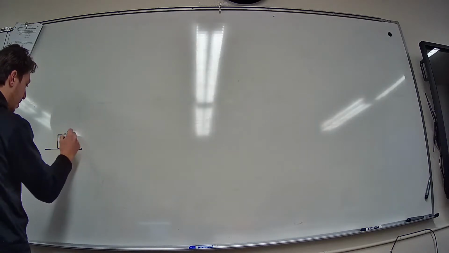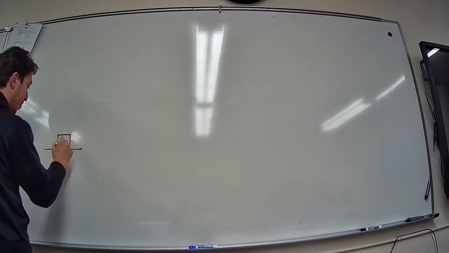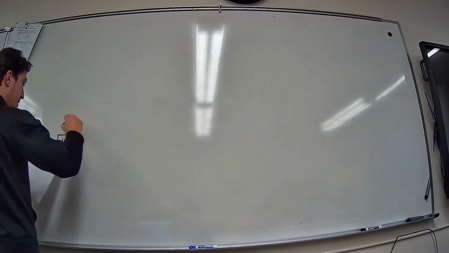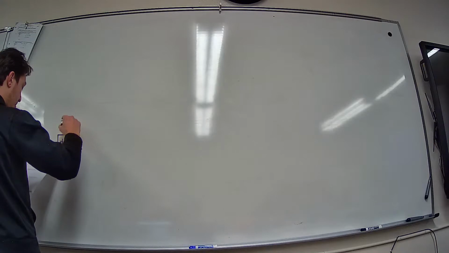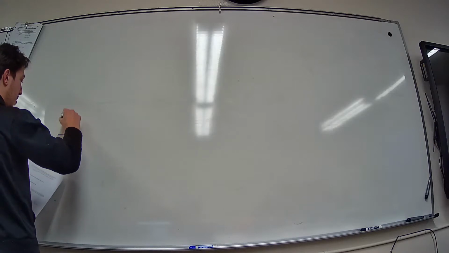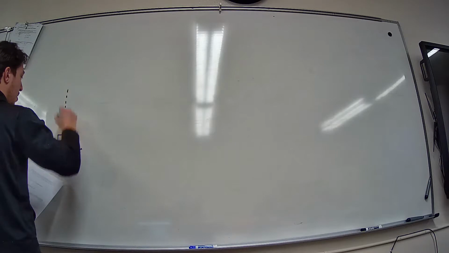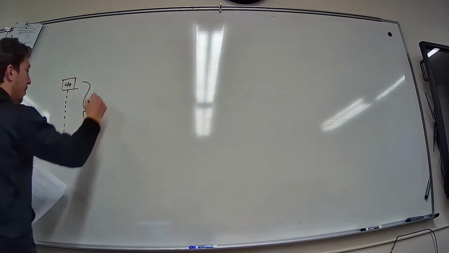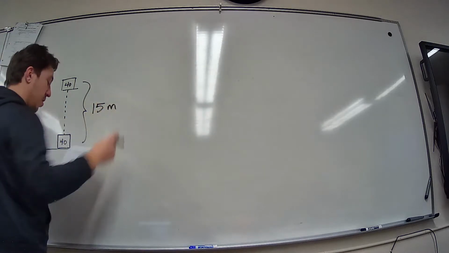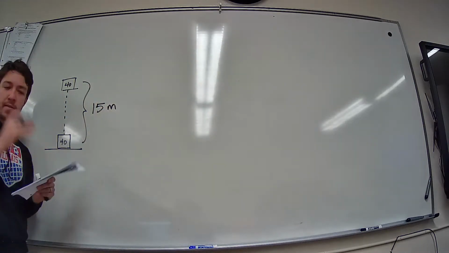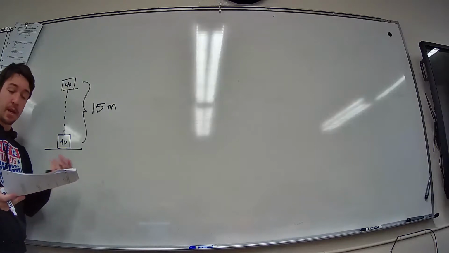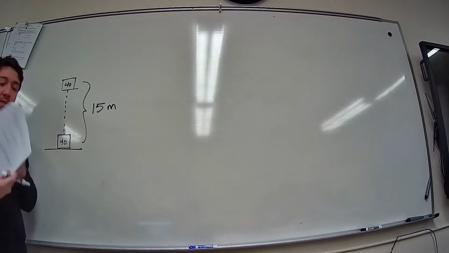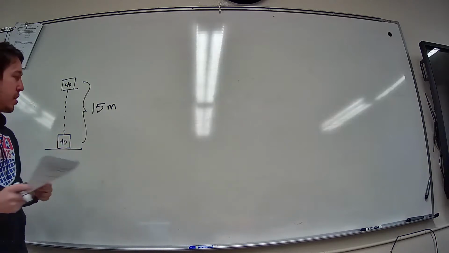This question might give you a little deja vu, so hopefully it's straightforward. It's going to be lifted off the ground by a winch to a final height of 15 meters. This is walking you through the same thought process as number 11, but it has numbers. So hopefully, if you were confused by 11, this will make it a bit more concrete.